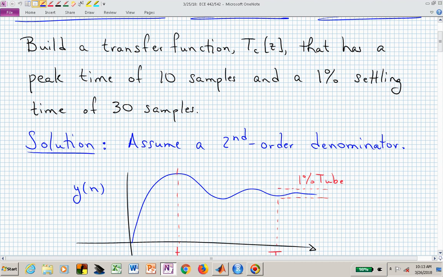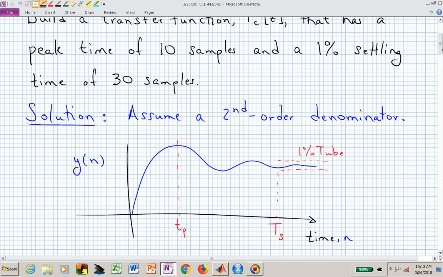We've said nothing about a particular sample period, and we can design poles or desired polynomials without specifying a value of a sample period, as long as we make the specification in terms of a certain integer number of sample periods. In this case, the peak time is 10 sample periods long, and the 1% settling time is 30 samples.